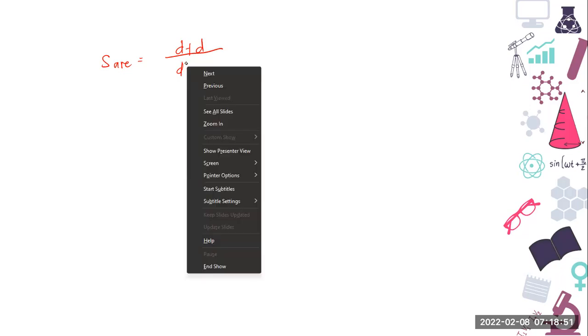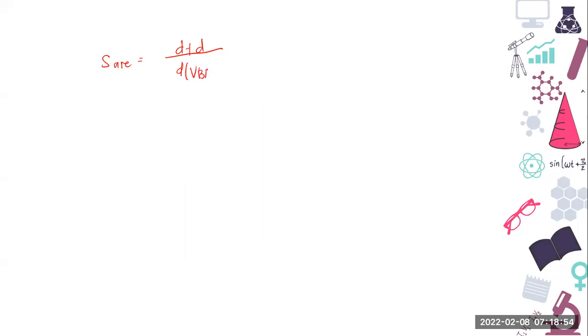Okay, we continue with S average equals. We just apply the formula now, D plus D all over D of course, VBA plus D VAB, all over VB times VBA.